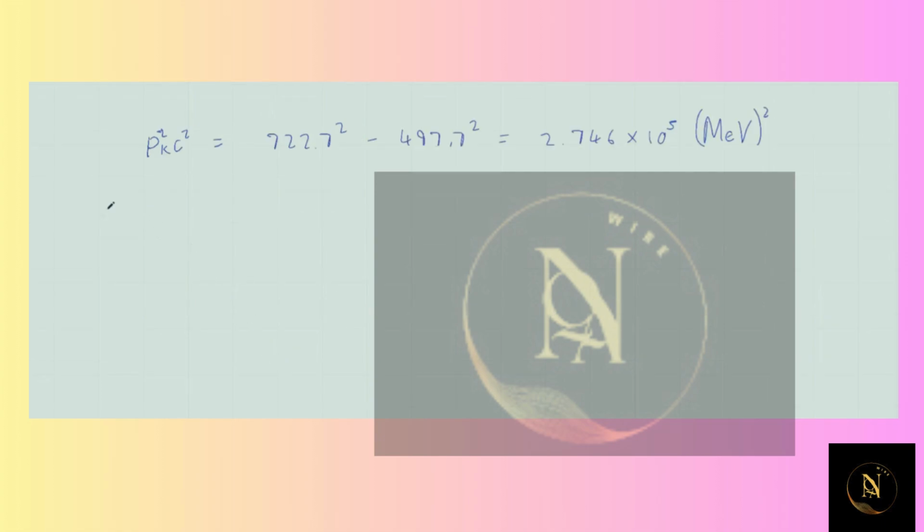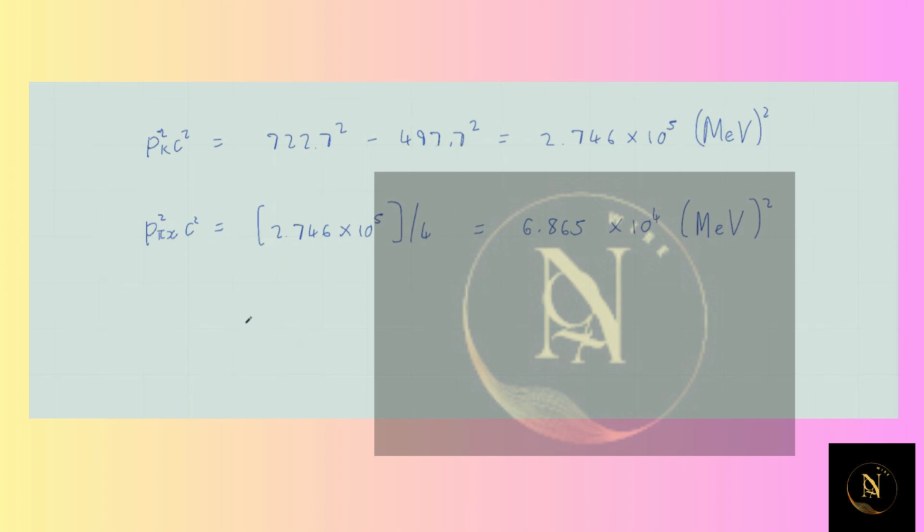And for the pion, we have p pi in the x direction squared times c squared is equal to 2.746 times 10 to the power 5 mega electron volts squared divided by 4, which is 6.865 times 10 to the power 4 square mega electron volts.